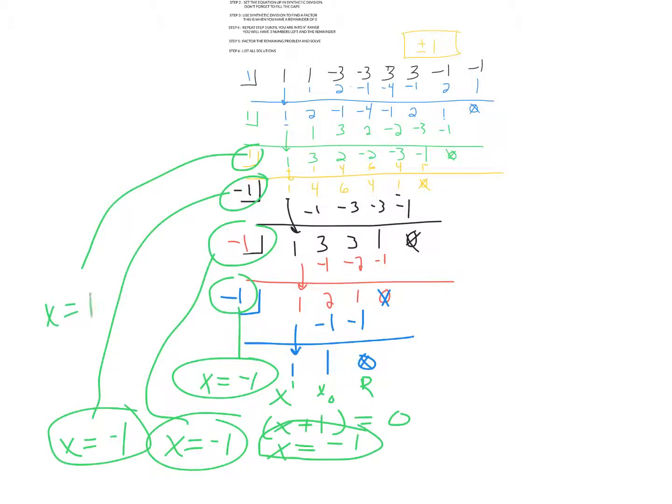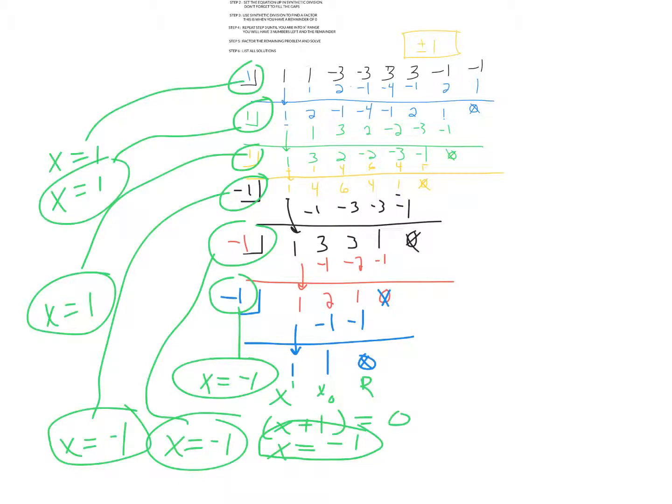X is equal to 1. X is equal to 1. X is equal to 1. Now again, we should have 7 answers because our lead exponent was 7. So 1, 2, 3, 4, 5, 6, and 7. So there's that one.